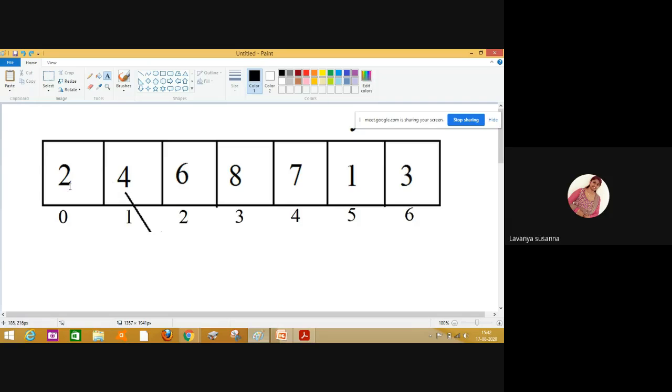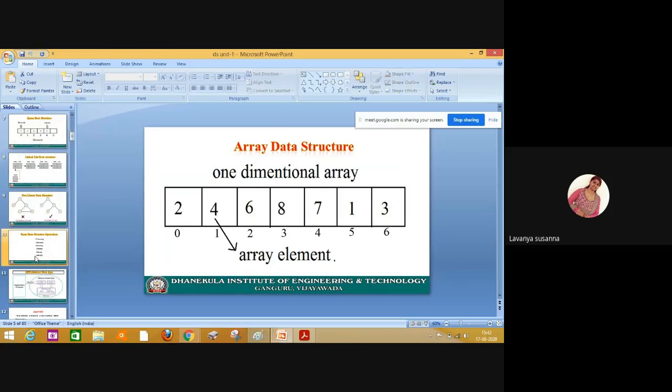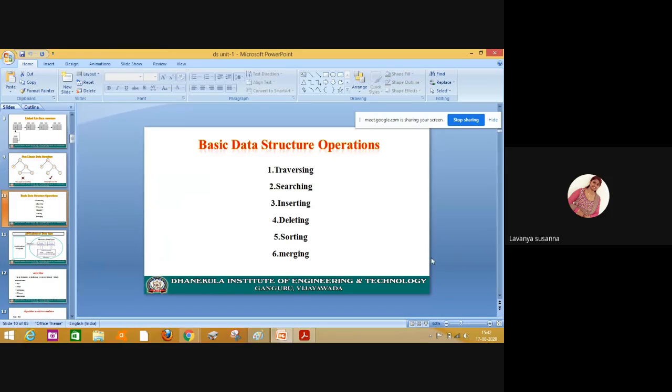Traversing means accessing each and every element from the array. From an array or any data structure; not only in an array, in any data structure, it is called traversing. This is one of the operations that can be performed on data structures.